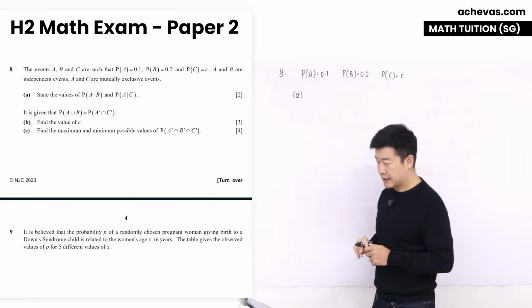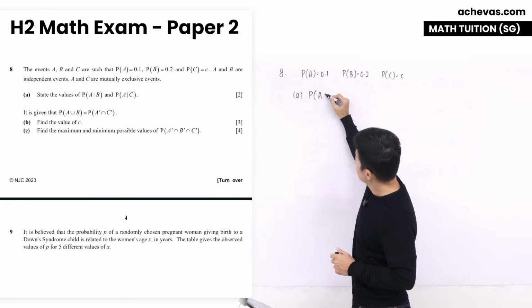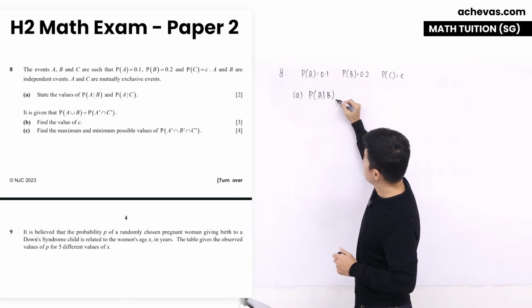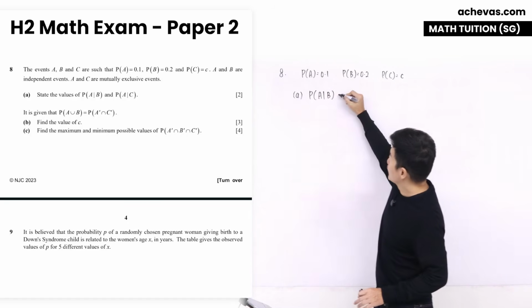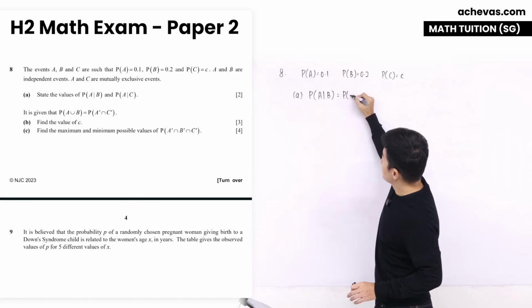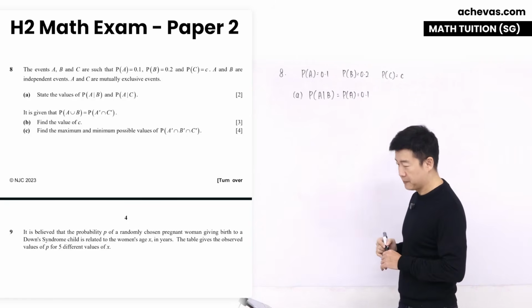we are going to state the values of the probability of A given B. And since A and B, according to what the question says, are independent, the probability of A given B is the same as the probability of A, so this is 0.1.